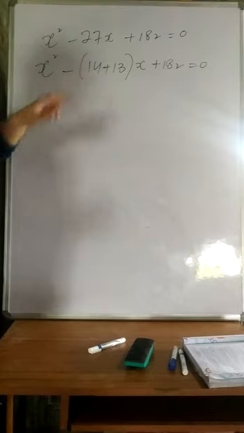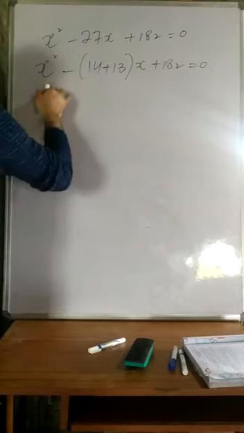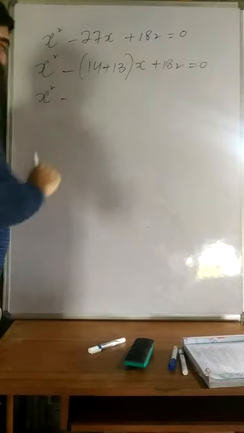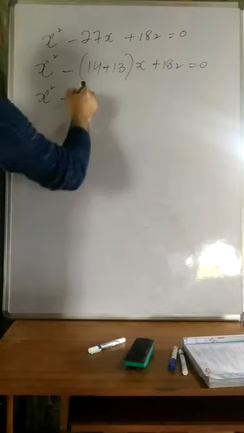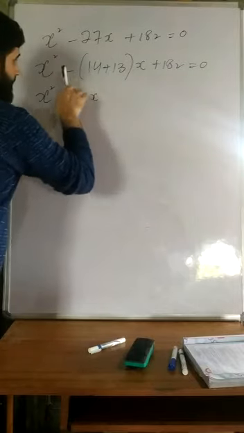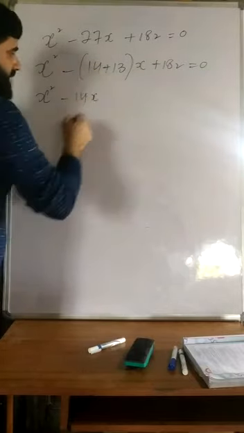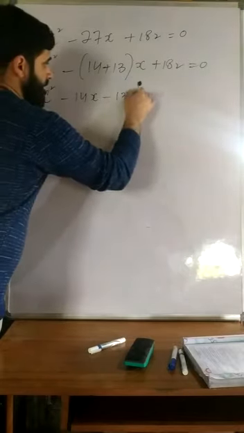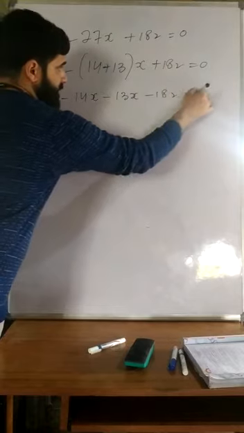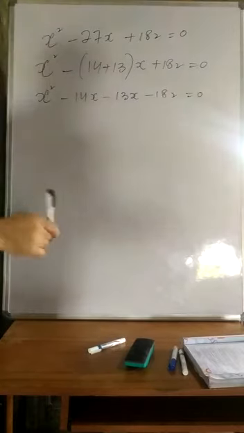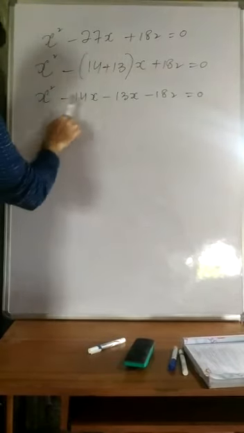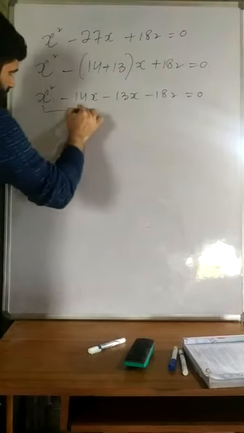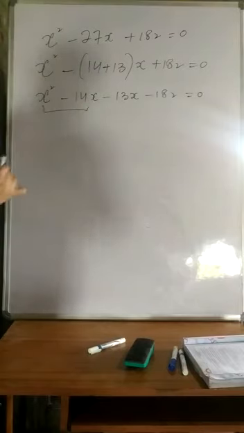Here you can check. Now it is x square minus 14 will be multiplied with this x. You will get minus 14x. This minus will be multiplied with this plus. It will become minus 13x minus 182 is equal to 0. Now take these two terms, x square and minus 14x.